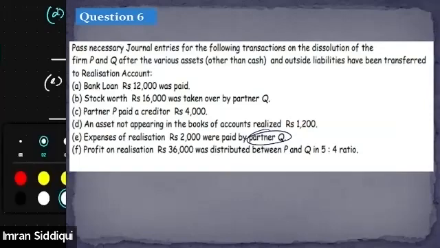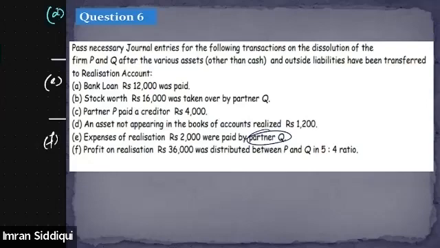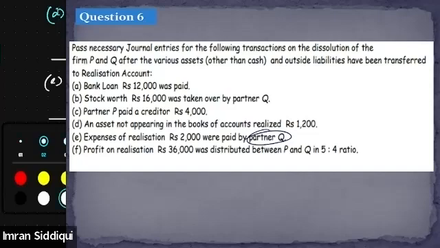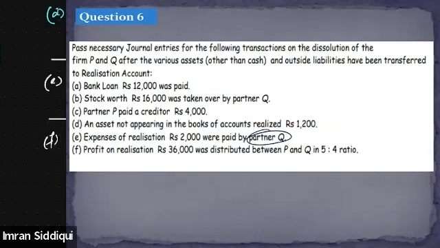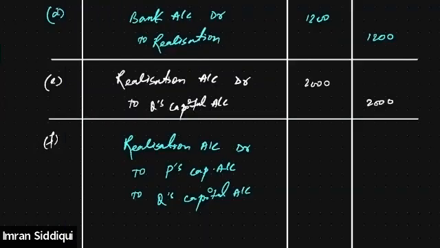Realization account debit to P's capital account, Q's capital account. It will be distributed among the partners in the ratio of 5:4. So the general entry will be realization account debit to P's capital account, Q's capital account. Amount was 36,000.